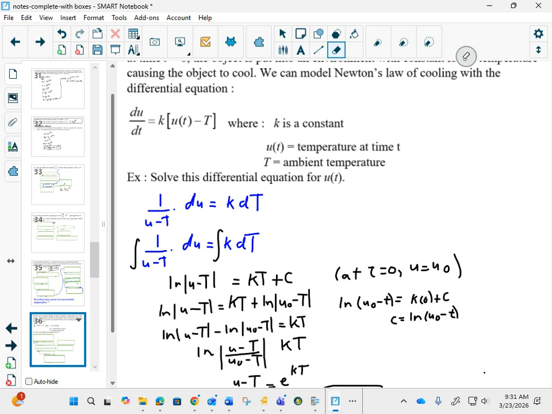Because T is the ambient temperature, this should be a little t here and a little t here. And then when you do it, it's k with a little t here for time, all the way through. It won't matter in this case.